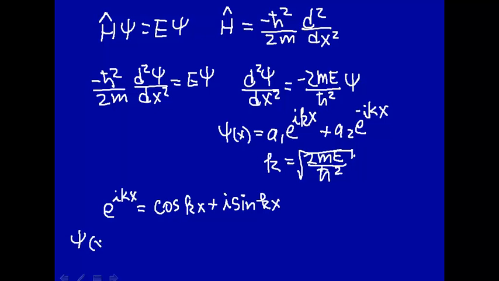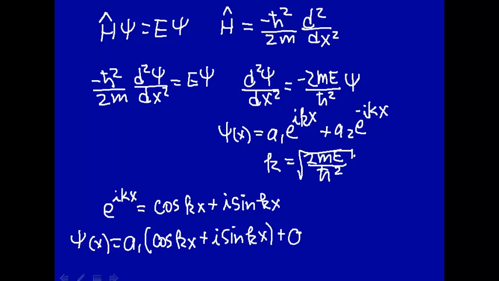So psi of x would be equal to a1 times cosine kx plus i sine kx. And then this term, in terms of the Euler relation, will be a2 times cosine kx minus i sine kx, since there's a minus i there.